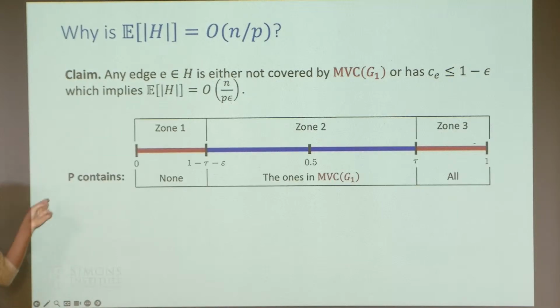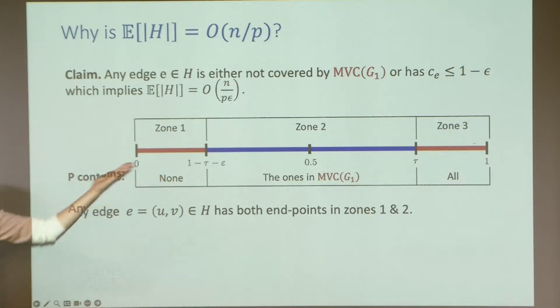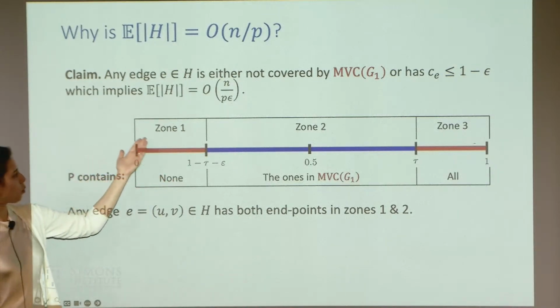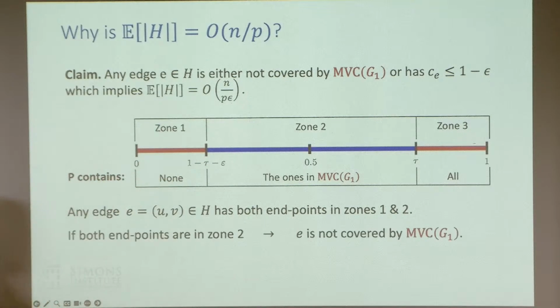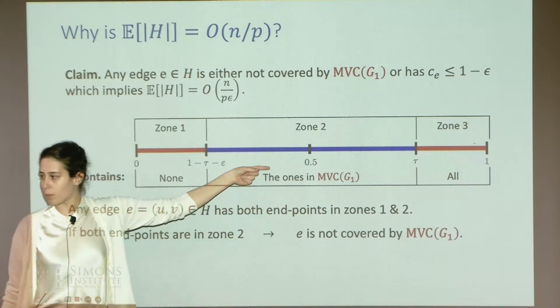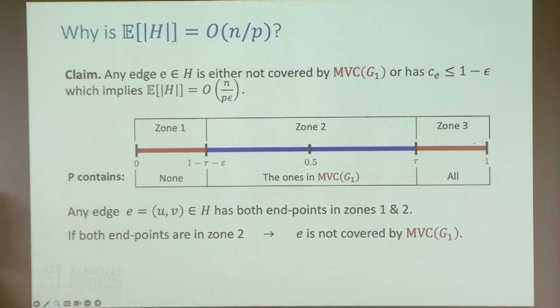First of all, if an edge has an endpoint in zone 3, it clearly will not be queried, right? So they either have both endpoints in zone 1 or 2. If both endpoints are in zone 2, it means that E is not covered by this minimum vertex cover, so it will also be queried by algorithm 1.